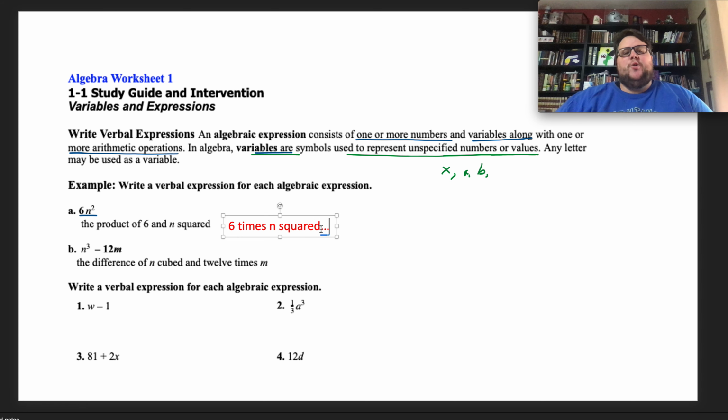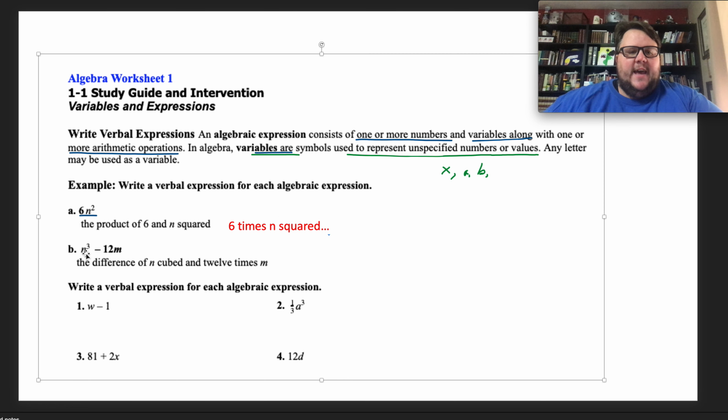Another way I could have written it is 6n squared. But we're not going to write that. So that's good. Just know that there could be other ways. You could do 6 times a number. You can do 6n squared.